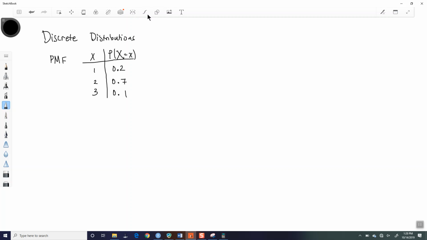Okay, and let me just draw what our PMF looks like. So this is 1, 2, 3, 4, 5, 6, 7, 8, 9. Okay, so I got 0.1, 0.2, 0.3, 0.4, 0.5, 0.6, 0.7. And we're going to be at 1, 2, and 3.